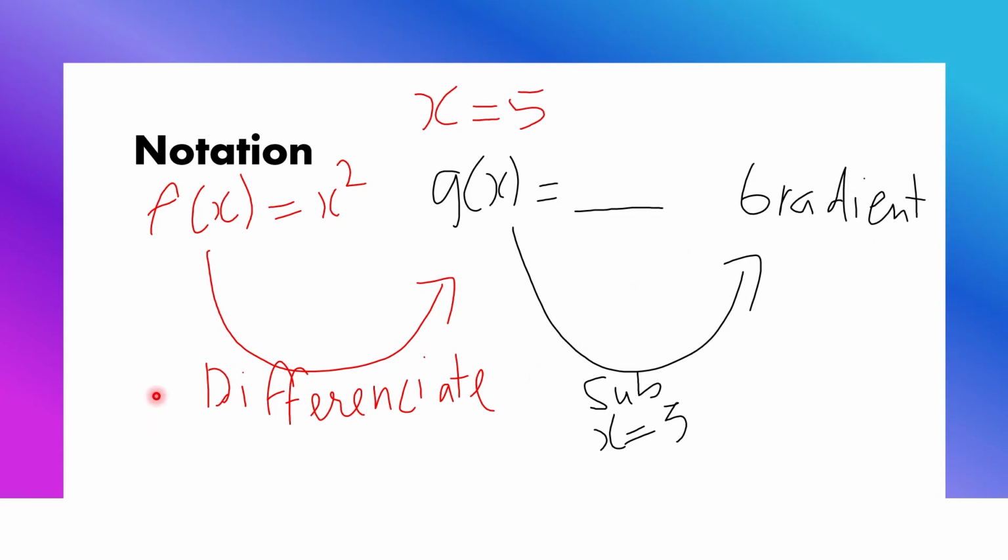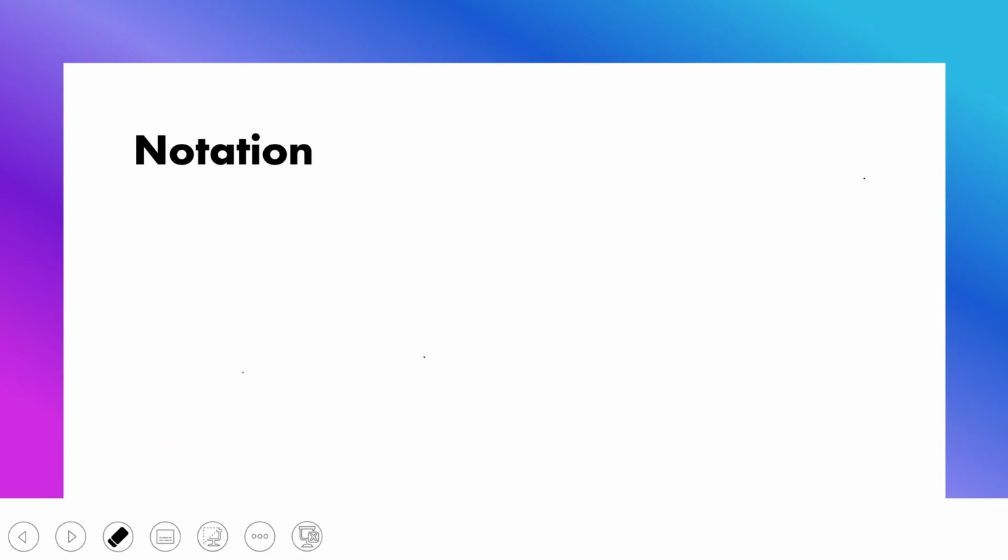So now you know how it works. Let's learn the symbols and the notations of it. So I'm just gonna quickly erase, get the pen. So there are many ways to notate a derivative. So remember, derivative is just when you're differentiating a function, right? They're basically the same thing, but when you're doing the process, everyone calls it differentiation.